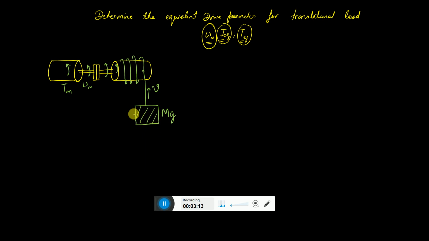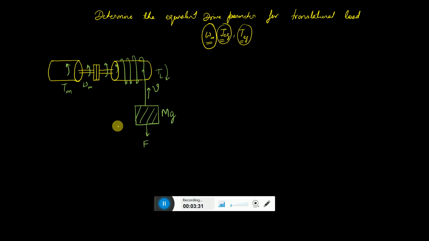The load torque will obviously be opposite to the electromagnetic torque. Here the load torque comes from the force due to gravity, acting downward.